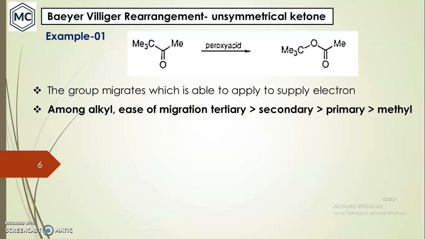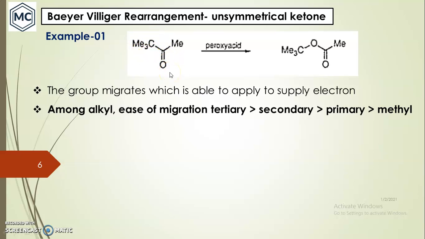Okay, and more examples for the Baeyer Villiger reaction. In the case of an unsymmetrical ketone, what happens? You have seen in the previous two examples symmetrical ketones, and now you have an unsymmetrical ketone, with a methyl group on one side and a tertiary butyl group on the other side of the carbonyl.